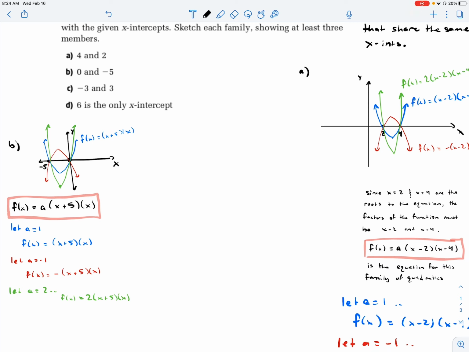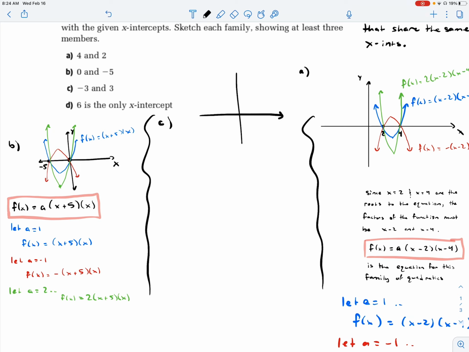Okay, let's try to squeeze in part C over here. So -3 and 3. There's my x-axis, my y-axis, my two roots or x-intercepts, -3 and 3.